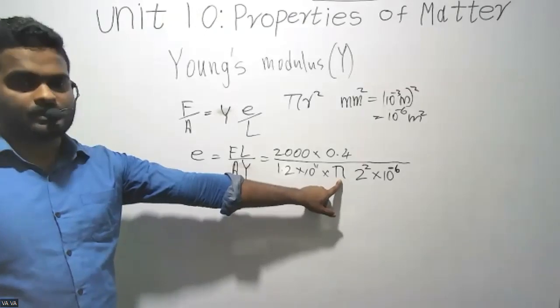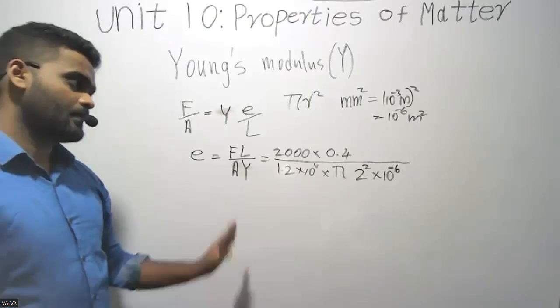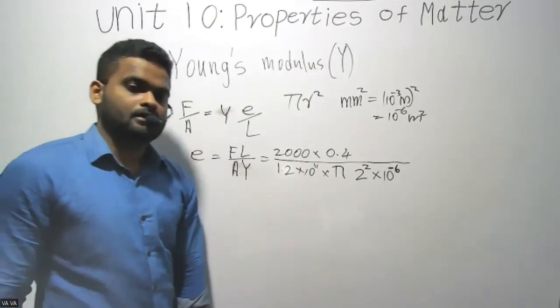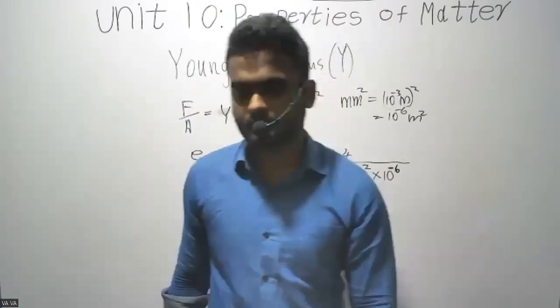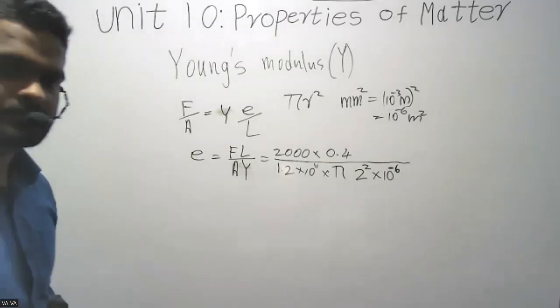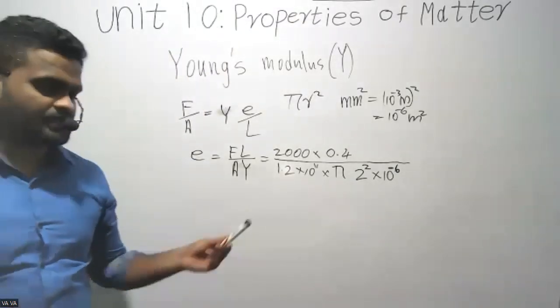Take pi to be 22 over 7. You have to do the simplification, right? Okay, if you did the simplification, send me a message.